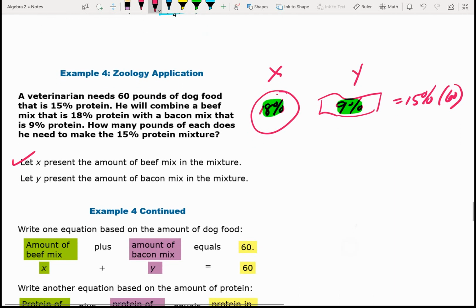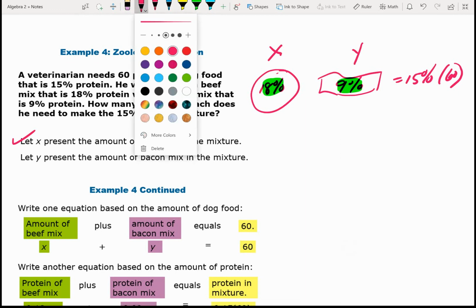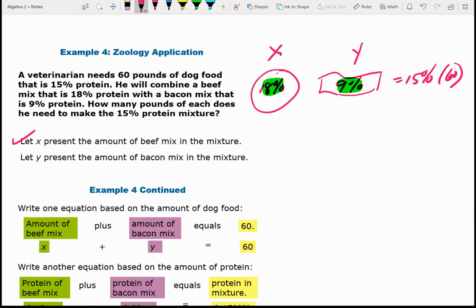All right. So what do we know? We know that the number of pounds of X and Y has to equal 60. We define X as the amount of beef mixed in the mixture. I would say let X equal the pounds of beef mix, and Y the pounds of bacon mix.